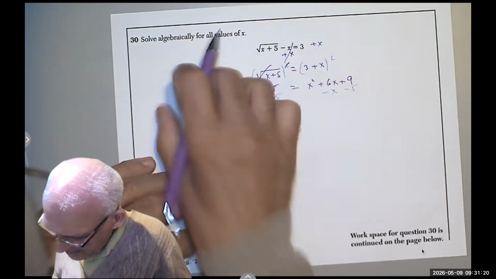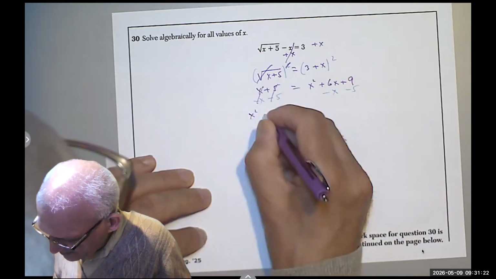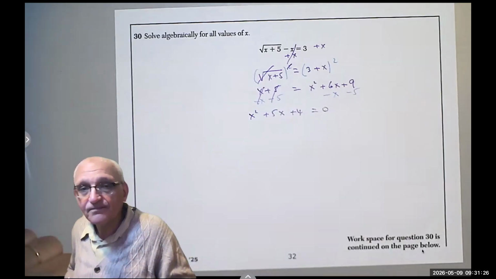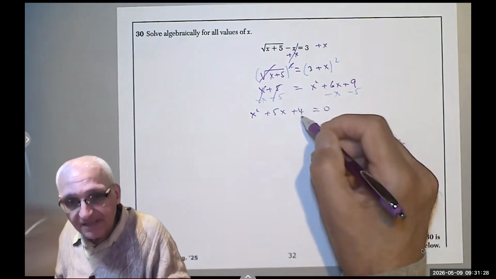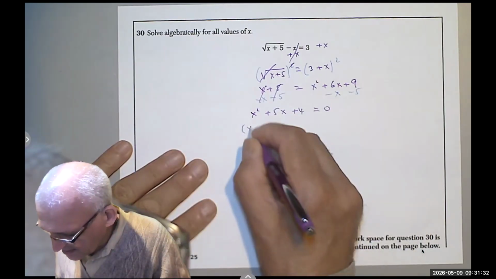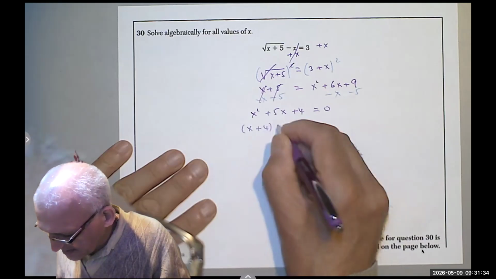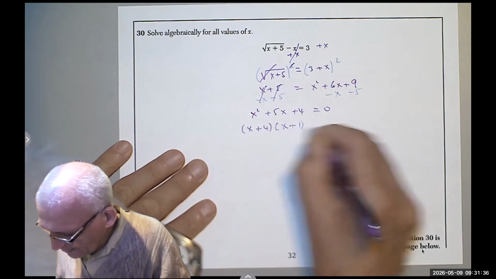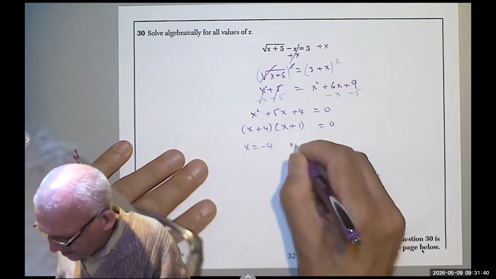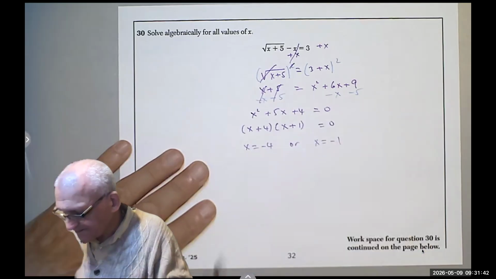And I'm going to write these on the left. So I get x squared plus 5x plus 4 equals 0. Now I need two numbers that multiply to 4 and add up to positive 5. And these are positive 4 and positive 1. Which means x equals negative 4 or x equals negative 1.